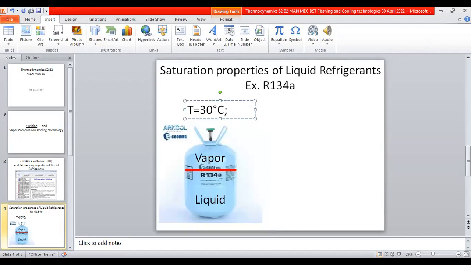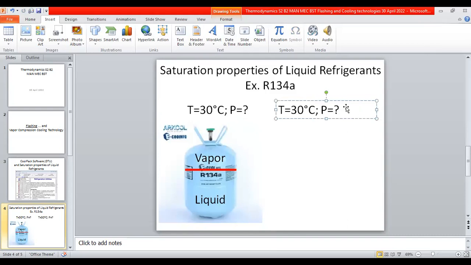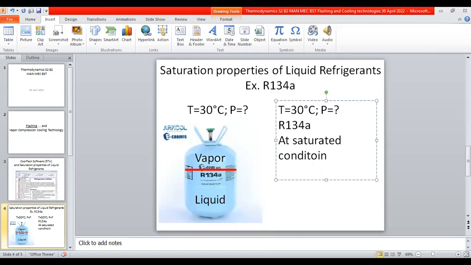What is the pressure? The substance is R134A, at saturated condition, meaning vapor and liquid both are there.